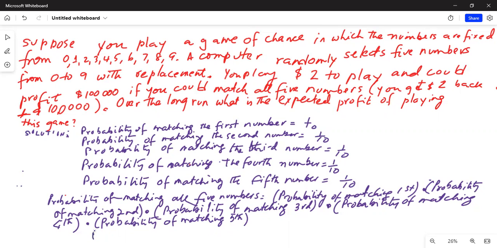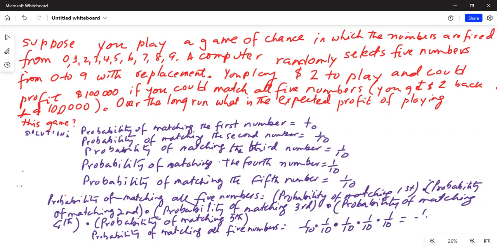So probability of matching all five numbers is equal to 1/10 multiplied by 1/10 multiplied by 1/10 multiplied by 1/10 multiplied by 1/10, which is equal to 1/10 to the power of 5.